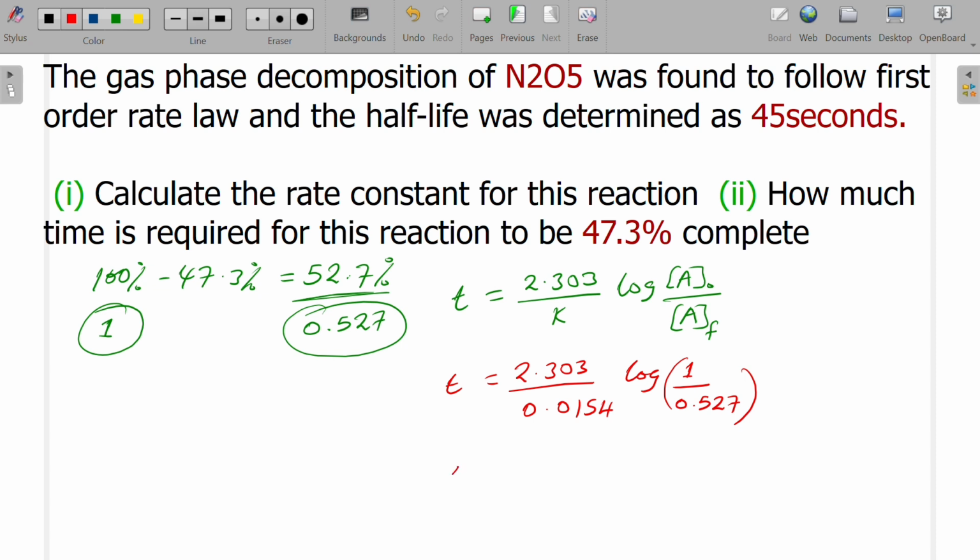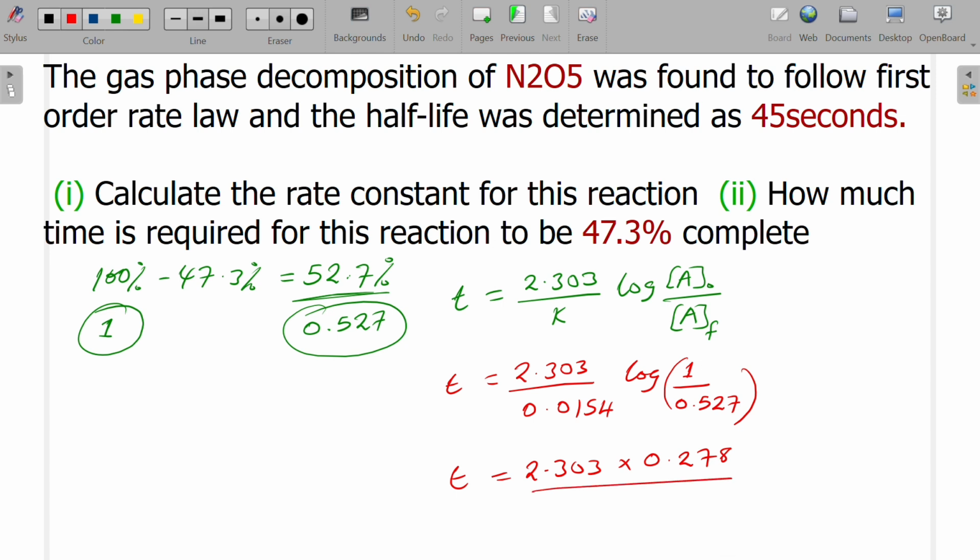So this will give us t is equal to 2.303. Now when we say log of 1 divided by 0.527, what we are getting is 0.278, rounded off to 3 decimal places.